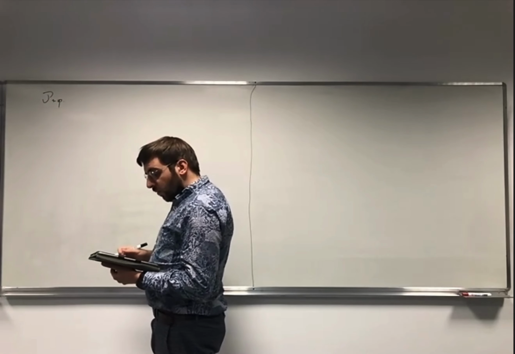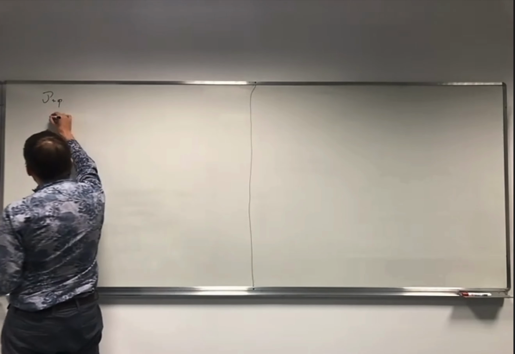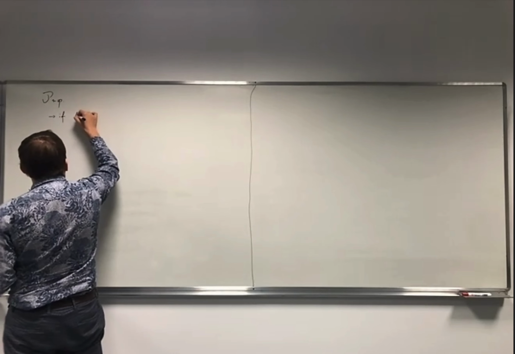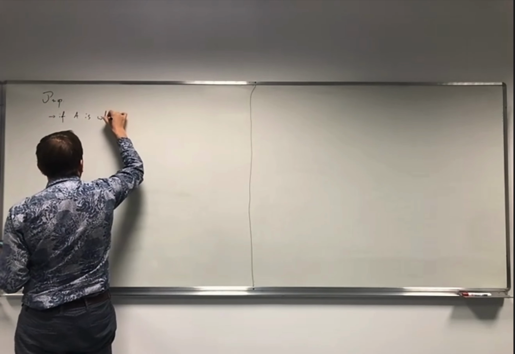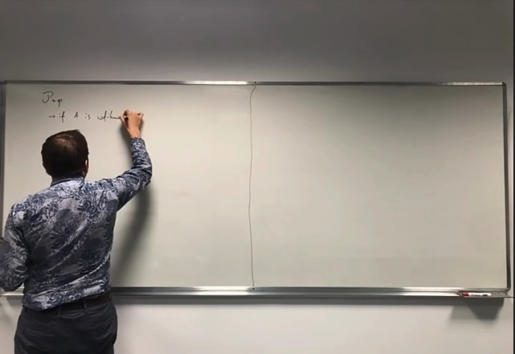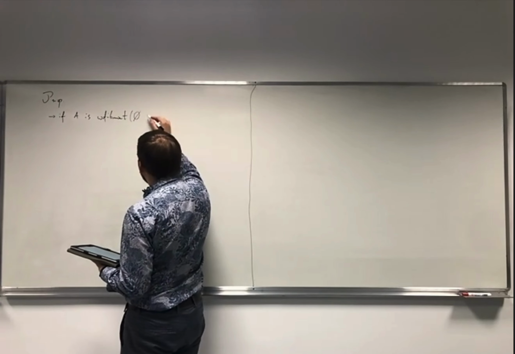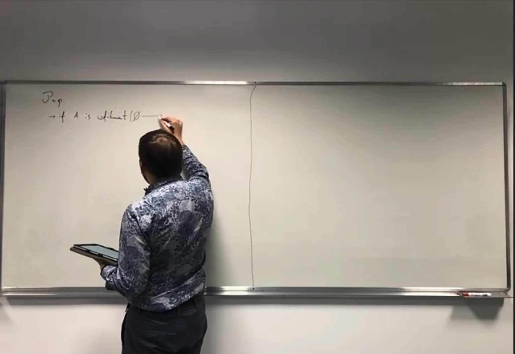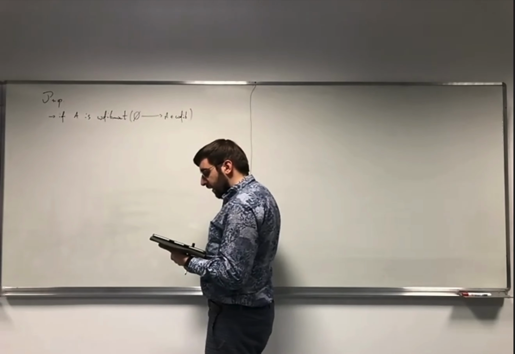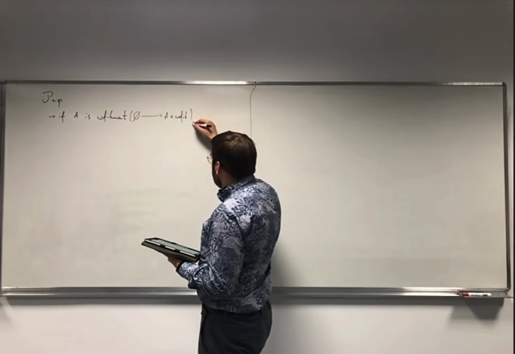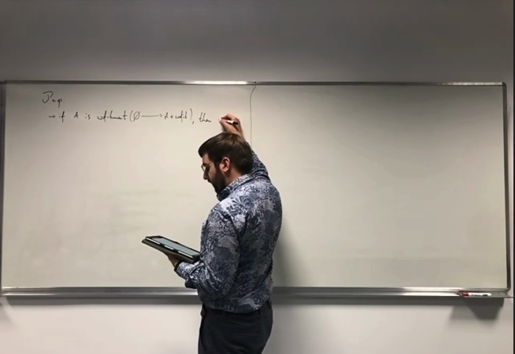When it is the case, so if A is cofibrant, which means that the map from the initial object to A is a cofibration, then we have two properties.